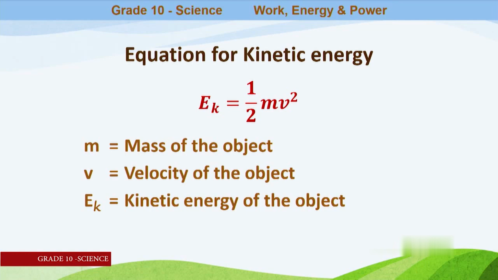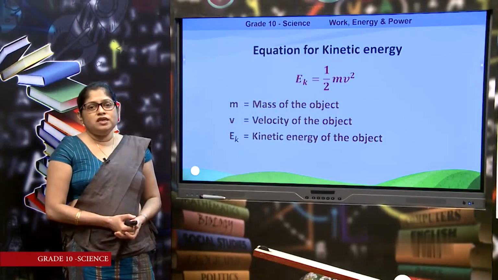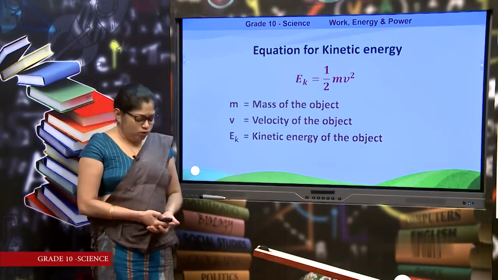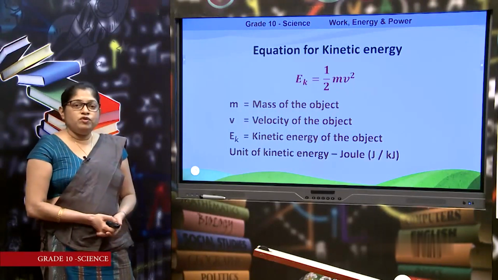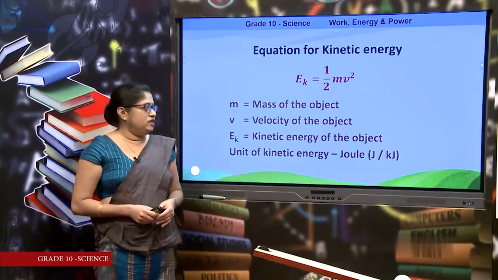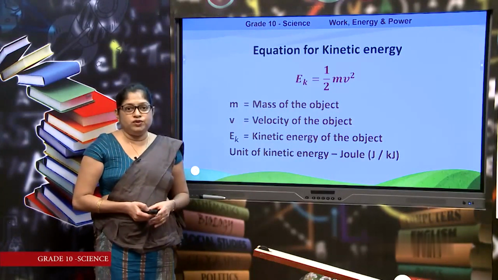As I told you in my previous lesson, the unit of work done is equal to the unit of energy. So, the unit of kinetic energy is joule. If you want to measure a large amount of energy, you have to use kilojoule.